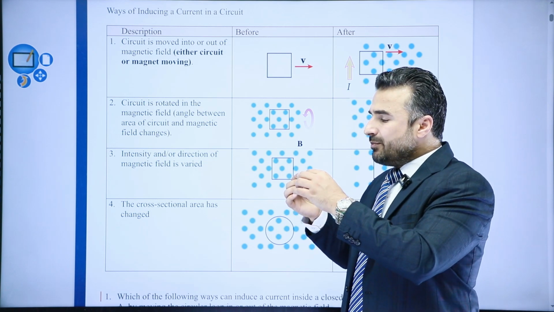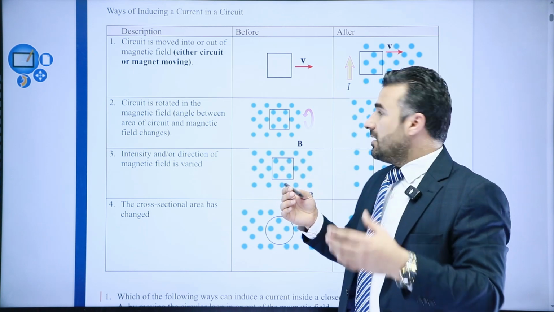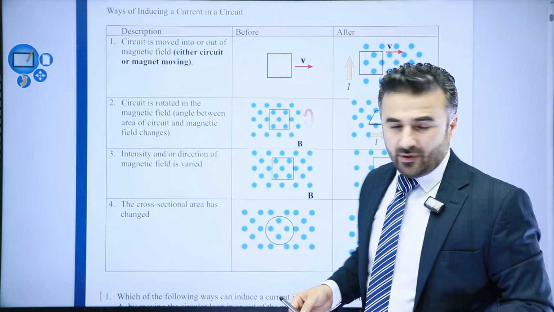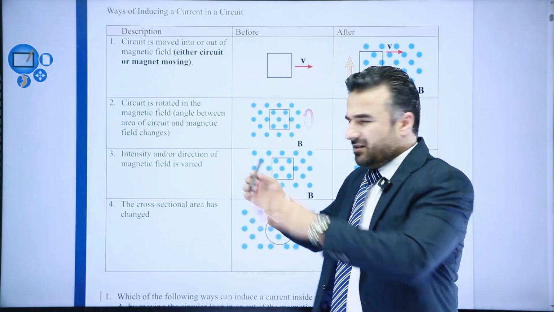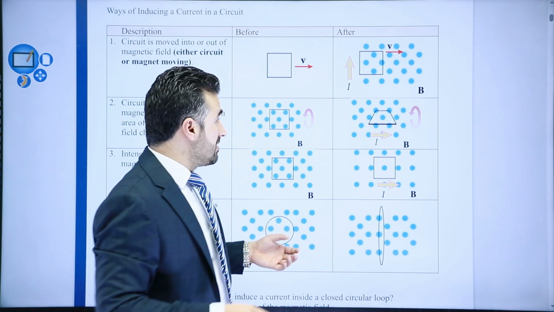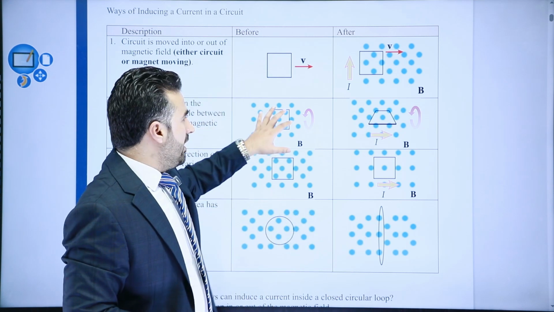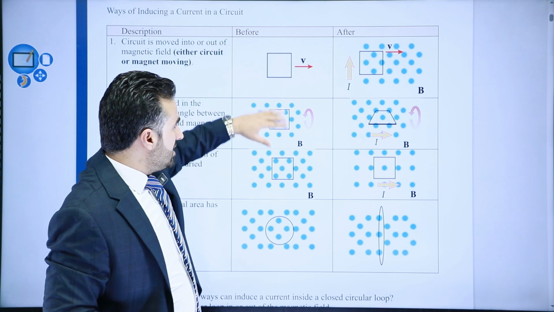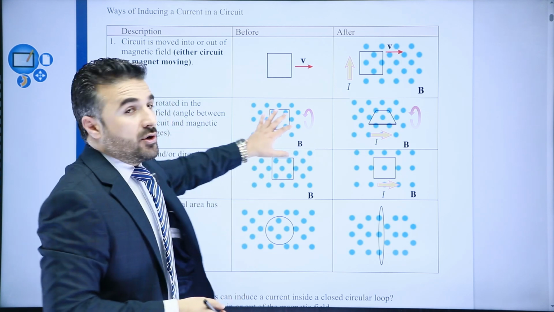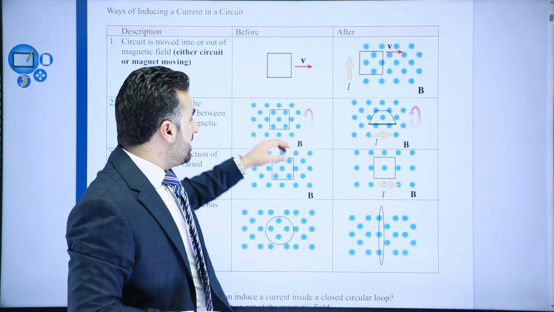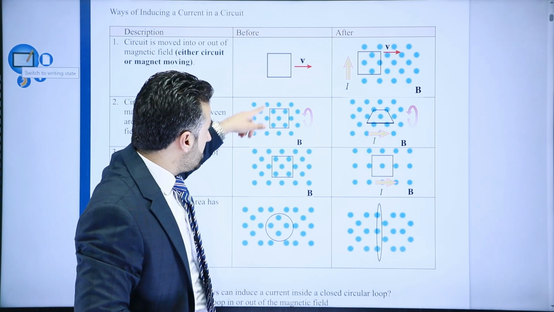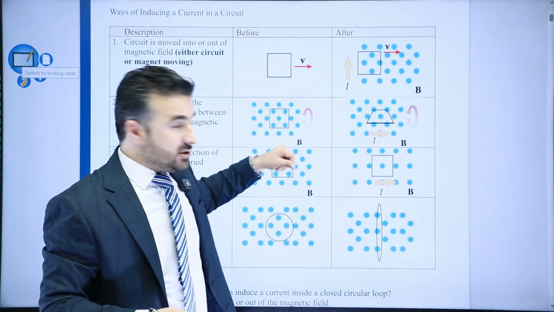Perhaps this is not a very good example, because you can see it's not a rectangle, so it doesn't help explain this much. But here's what I want you to remember. This is the orientation of the coil, this is how you put the coil there. By doing this, you can see that most of the magnetic field lines are passing through the cross-sectional area of the coil, or the circuit, here.